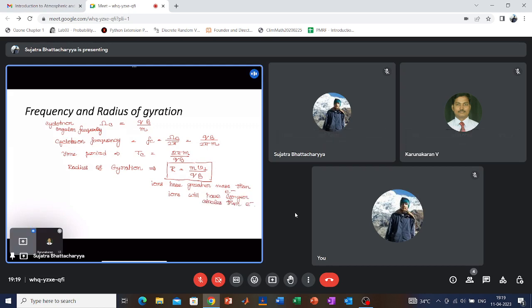In fact, if you see the protons and the electrons, proton circles are much larger as compared to those of the electrons, which we will see in the numericals which I have given.